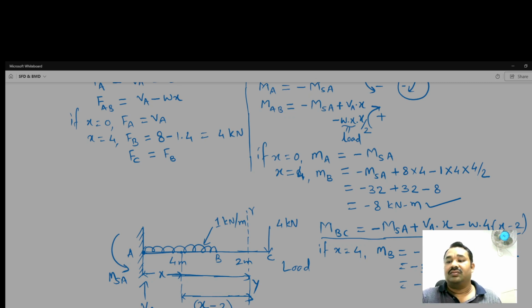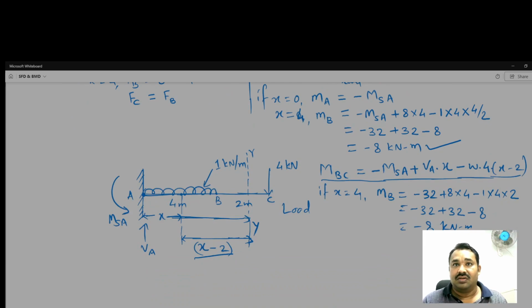Okay, and now if x is equal to 6, the length of the beam, total length of the beam, then we are talking, means we are talking about the MC. Then what we get by satisfying this, so, and 8 multiplied by 6 here, 1, then 4, then it is 6 minus 2.